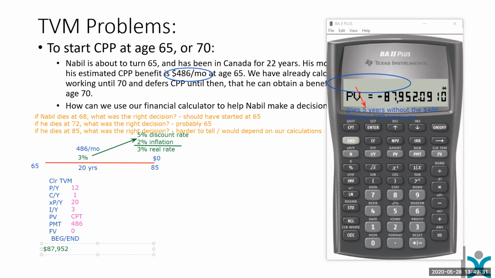So what I'm suggesting here is that this is the approximate value of 20 years of CPP for Nabil at $486 a month at a 3% discount rate.